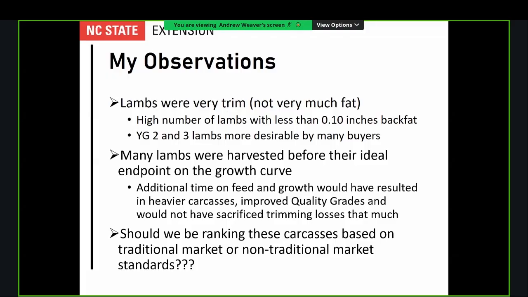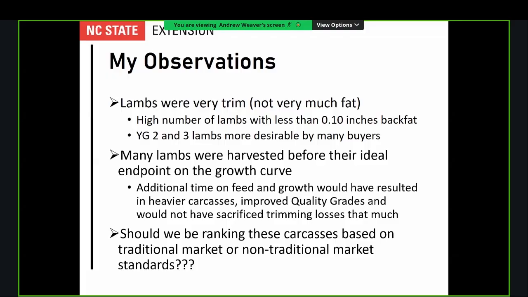So we need to think about the fact that in these non-traditional markets, there is no reward or value determination based on a USDA yield grade, quality grade, ribeye area, any of that. It's all visual appraisal of conformation and shapeliness of the animal.